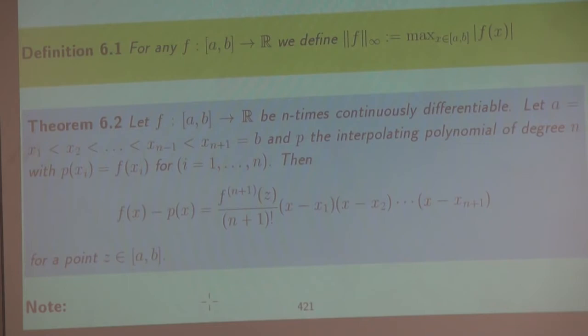Finding similarities between formulas is very important in mathematics. Remainder term? Of what? Of the Taylor series, yes. Thank you. In the remainder term of the Taylor series, you have an n plus first derivative of a function. You have n plus 1 factorial in the denominator. And here it's different.